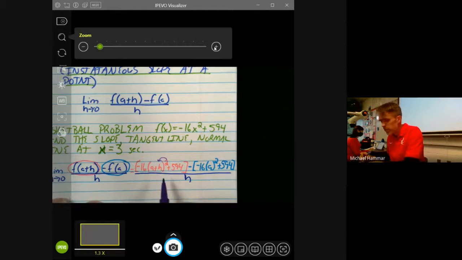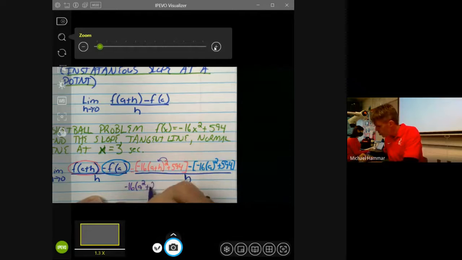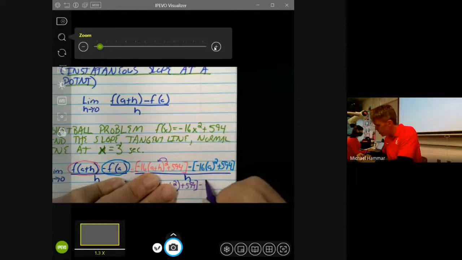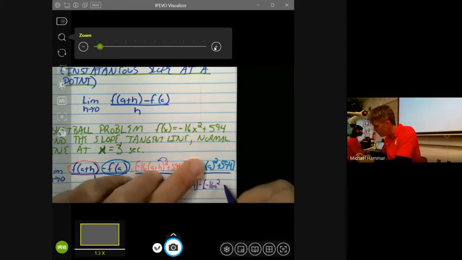But a plus h times a plus h is going to be a squared plus 2ah plus h squared, all times negative 16, plus 594. Now the other one is just going to be minus, and I'm just going to leave it all in here. It's just going to be negative 16a squared plus 594.